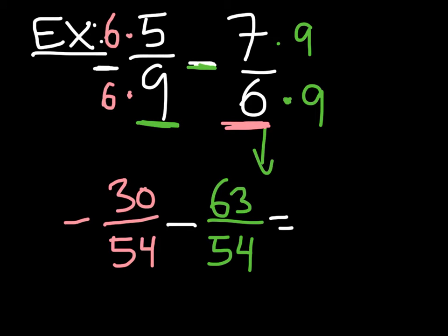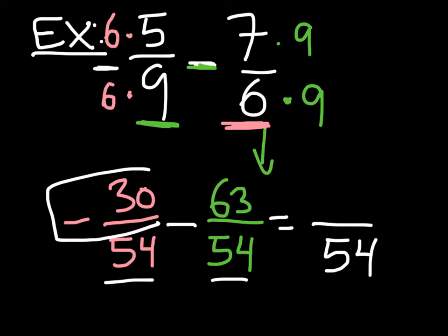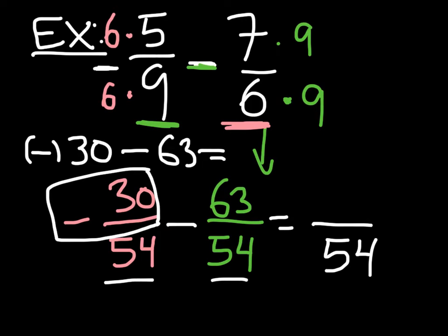All right, let's finish this problem, dang it. So look, we have common denominators of 54, so my final answer denominator will be 54, okay? Now if I wanted to do this on a calculator, I could. I could push negative 3, 0, minus 6, 3, and push equals, and it will give me an answer.